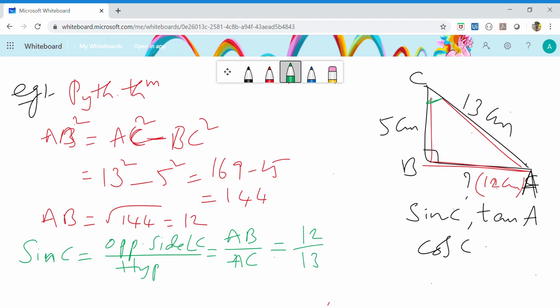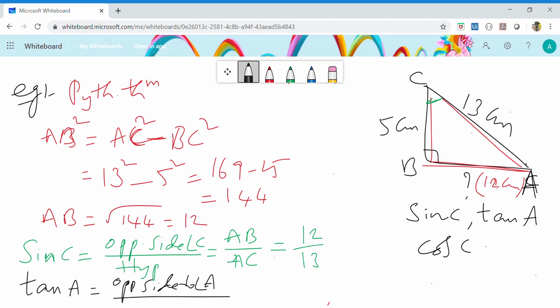Next, tan A. Tan A is equal to, what is the definition? Opposite side to angle A by adjacent side to angle A. Opposite side to angle A is BC, by adjacent side to A is AB.